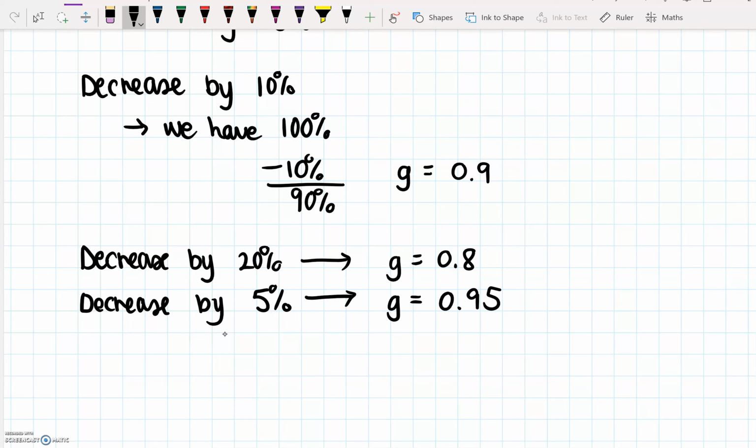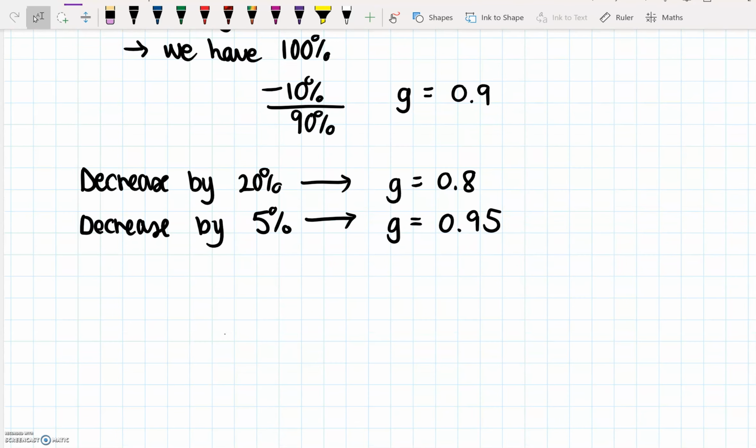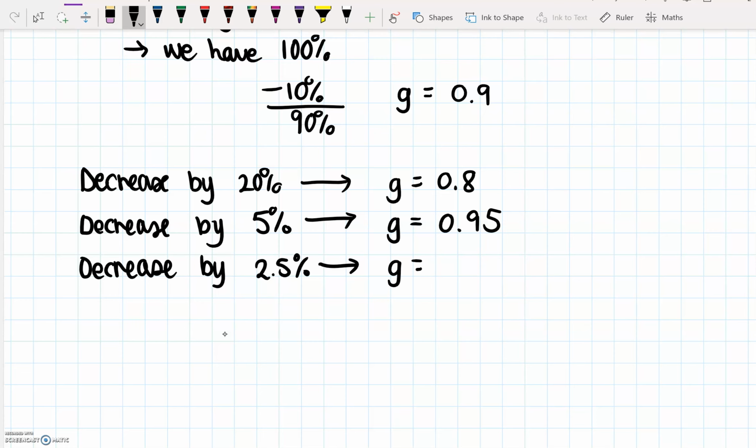Okay, and then just divide by 100. All right, if we were to decrease by 2.5%, what we end up with now is that G is equal to 0.975. Okay, so we can go further decimal places as well.